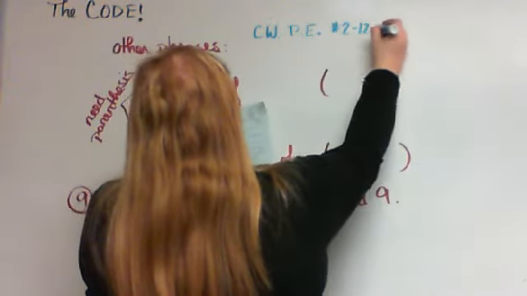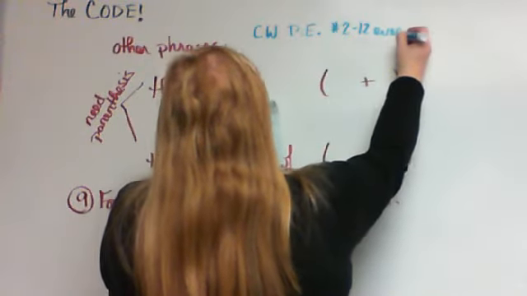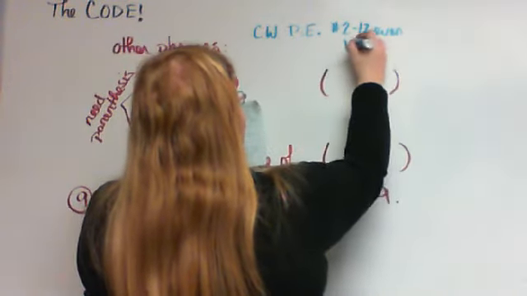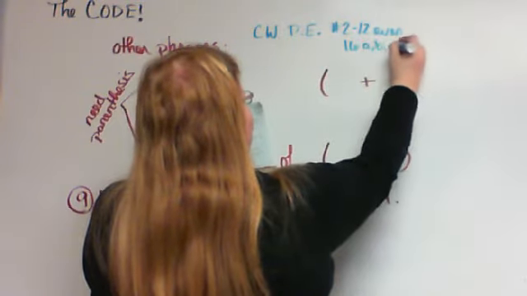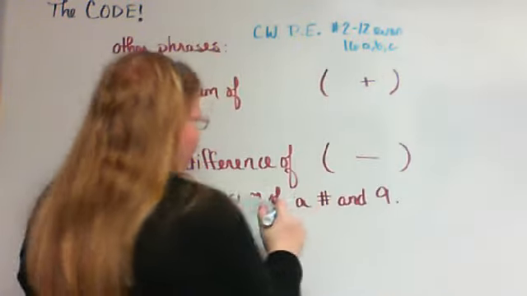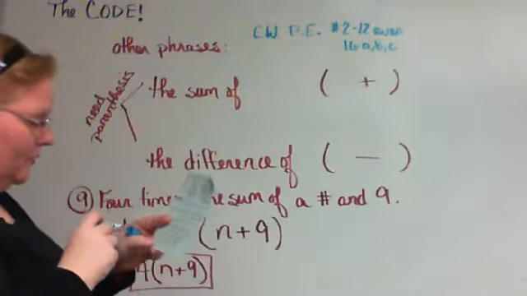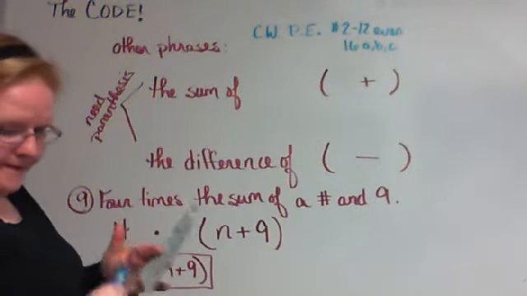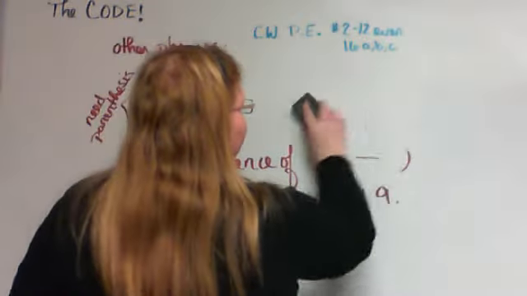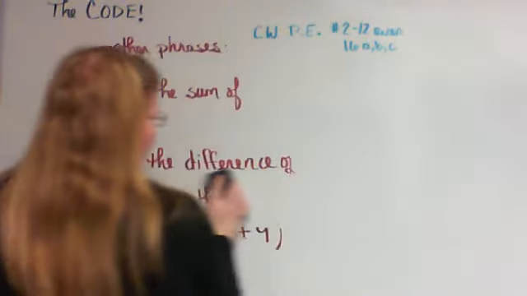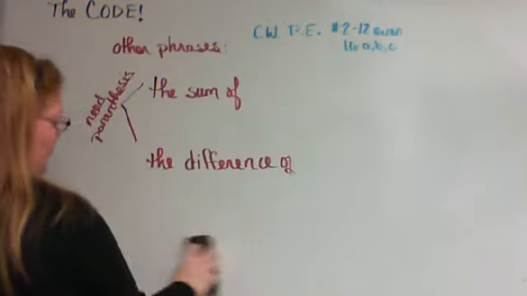Two through 12 even. And then number 16, A, B, and C, which reminds me, I need to do problem number 18 for you. Don't go anywhere. And let me do it real quick so you can understand how to do 16.